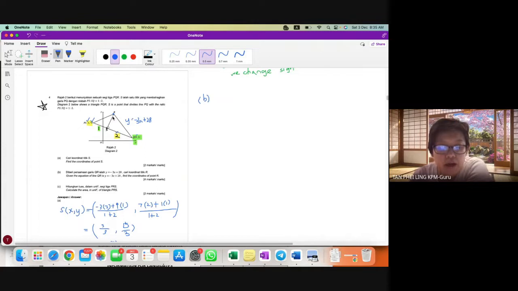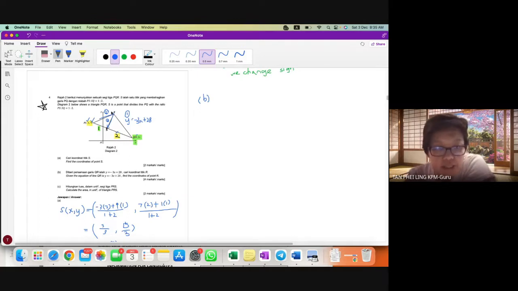Now you need to find R, which means you have to solve simultaneous equations of this first equation, and you have to find another equation either here or here. These two lines, so that you can solve simultaneously and make R become the point of intersection. Okay, so which one is easier now?